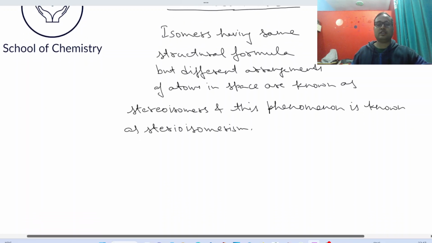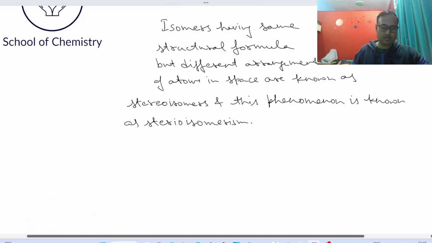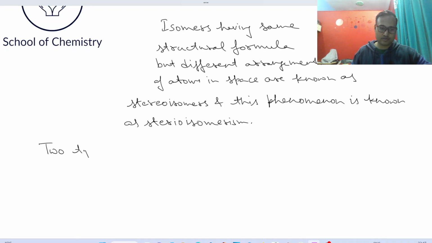Okay, now let us talk about their types. So stereoisomerism is of two types. Majorly we can say the first one is conformational isomerism.